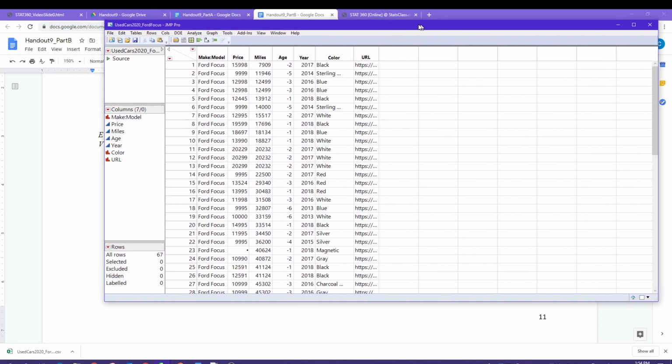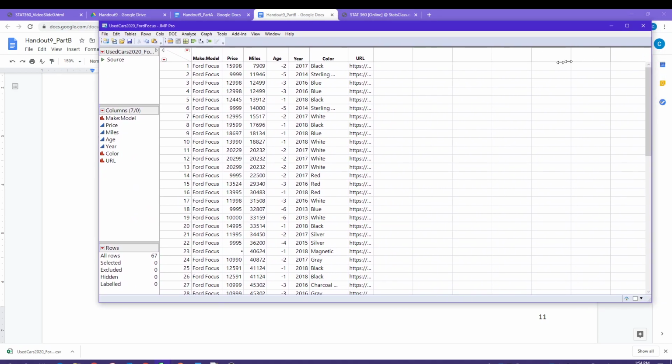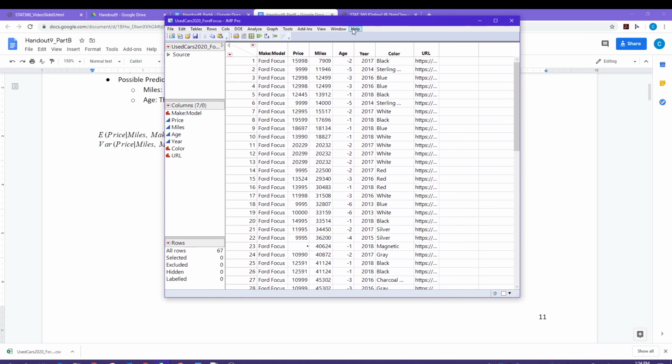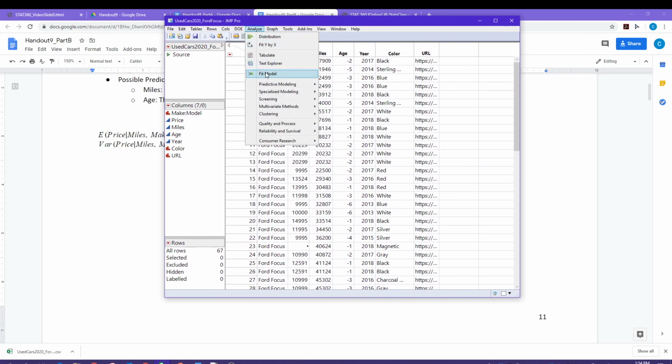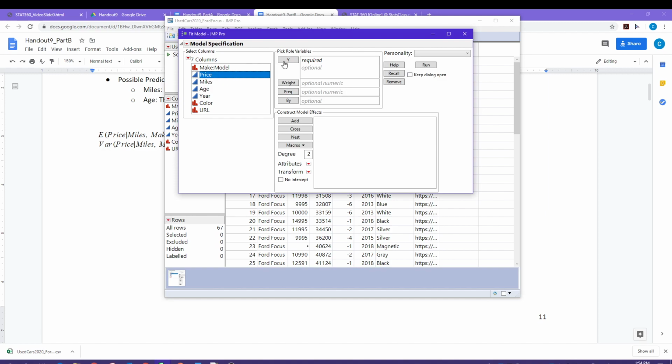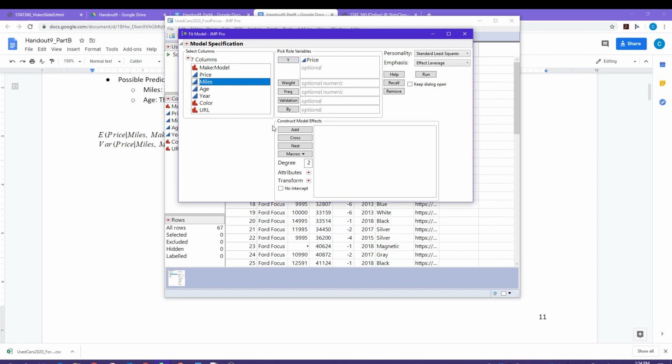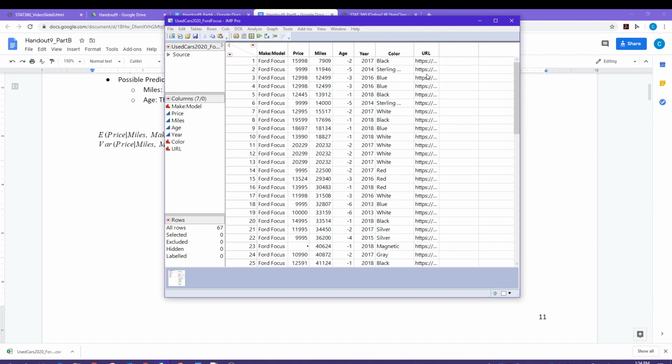This data set is included in your Google folder for Handout 9. Analyze, fit model. Price is my response, and my predictor is going to be miles here. In Part A, we were using age as the predictor, but in Part B of this handout, we'll be using miles. Go ahead and click Run.